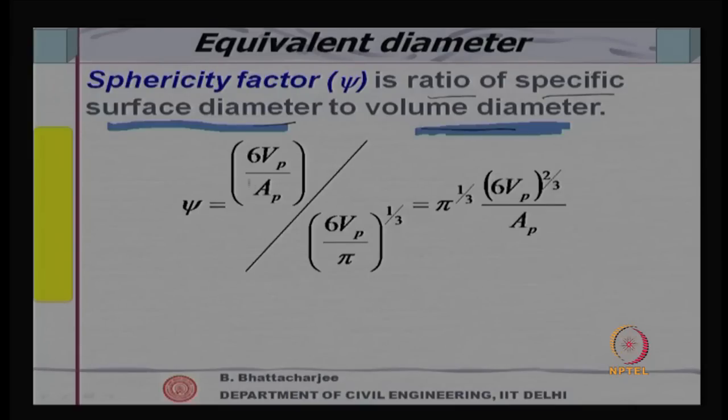This is the specific surface diameter and this is the volume diameter, 6 Vp by AP and 6 Vp by pi, which will be pi to the power 1/3 and 6 Vp to the power 1/3, so 1 minus 1/3 will be 2/3, here also 6 Vp divided by AP.